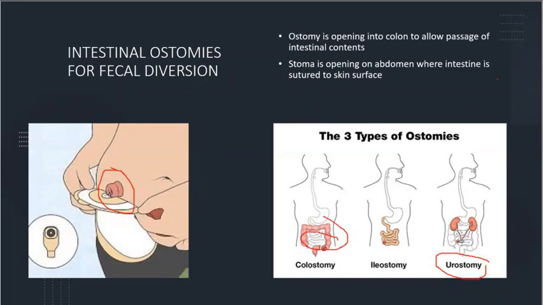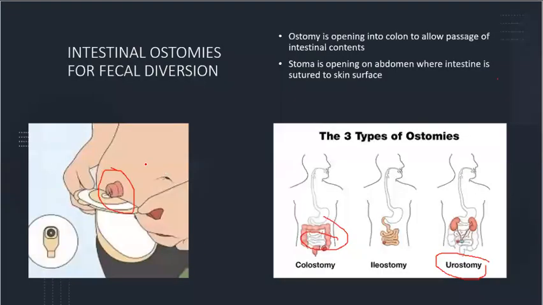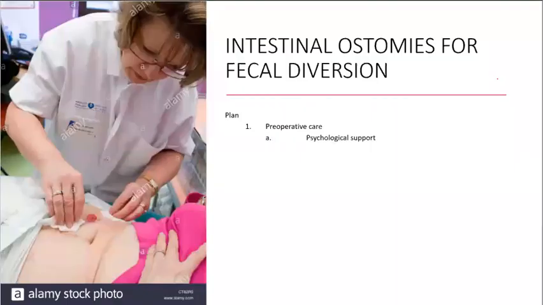Let's look at our plan for a client who is planned to have an ostomy. So part of our preoperative care would be that psychological support. You can look at this and see how it's going to be inconvenient or uncomfortable for this patient. So you want to start thinking about providing psychological support and explanation, teaching and guidance for this patient.